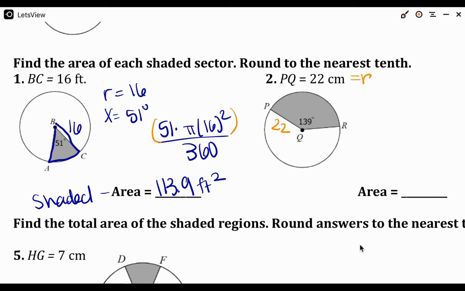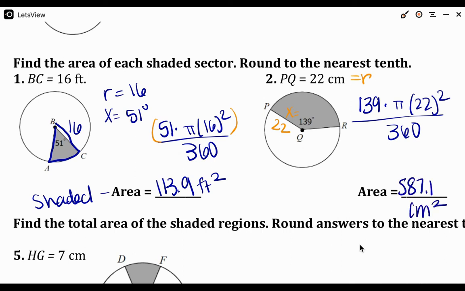Your x is your degree. So we take 139 times pi 22 squared, all divided by 360, and the area of the shaded region is 587.1 centimeters squared. Okay, it's area, so make sure you have units squared.